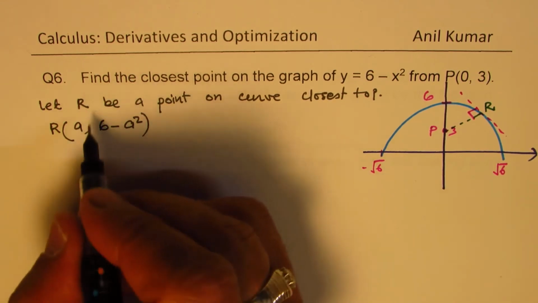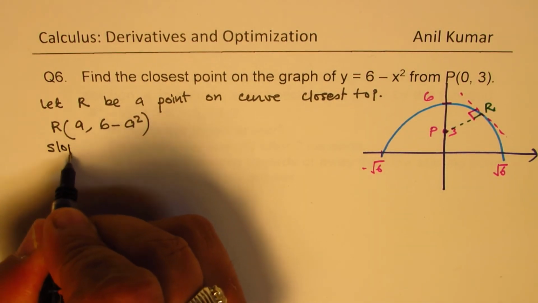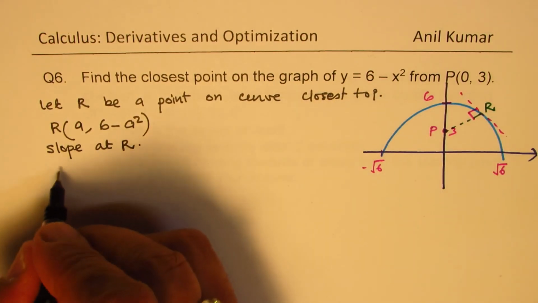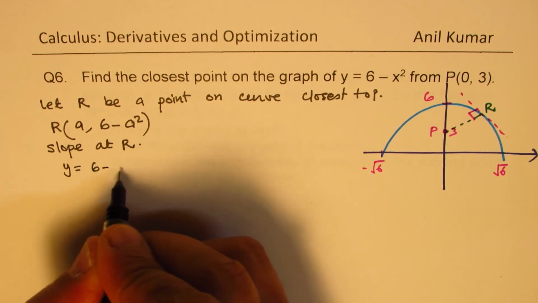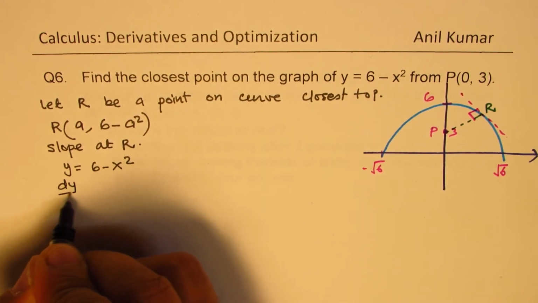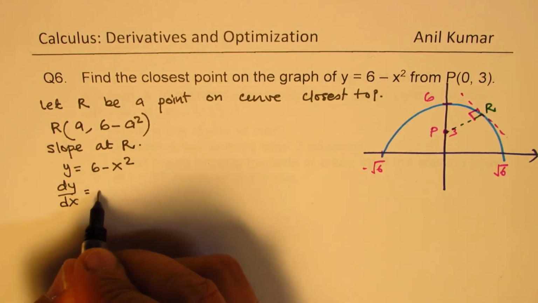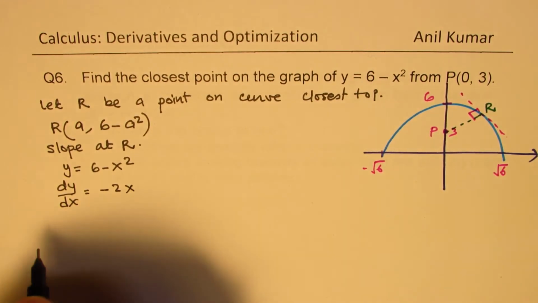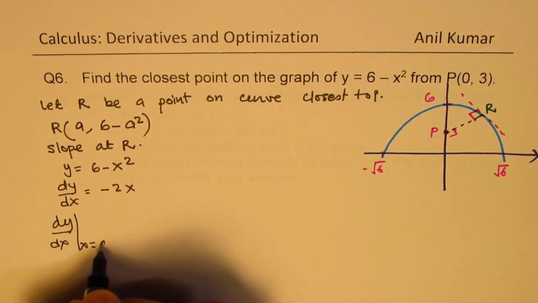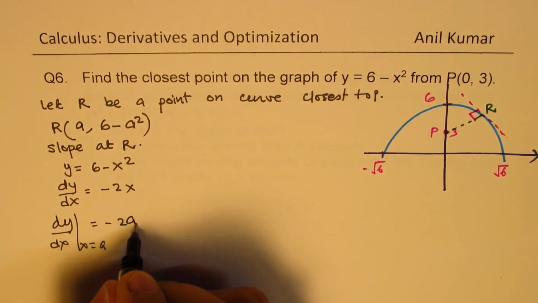So let's find the slope at R. We have the function y equals 6 minus x squared. So dy/dx, the derivative, will be minus 2x. So the derivative dy/dx at x equals a will be minus 2a.